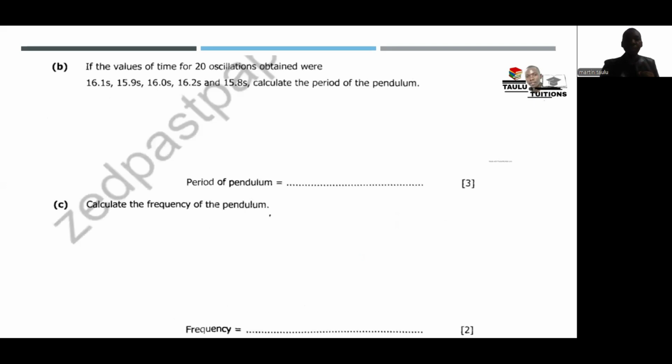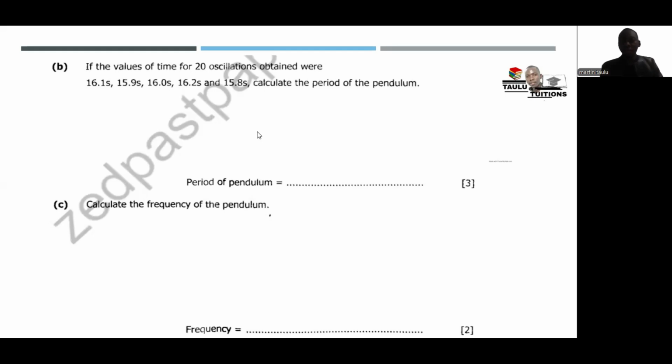Okay. Question B says, if the values of time for 20 oscillations obtained were 16.1 seconds, 15.9 seconds, 16.0 seconds, 16.2, and 15.8 seconds, calculate the period of the pendulum. So the period of the pendulum can be calculated using two formulas.